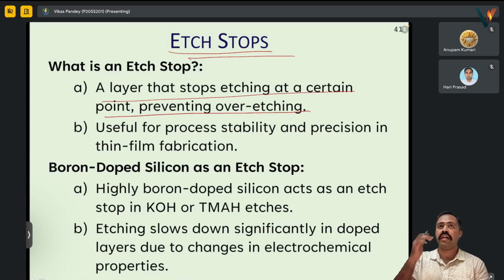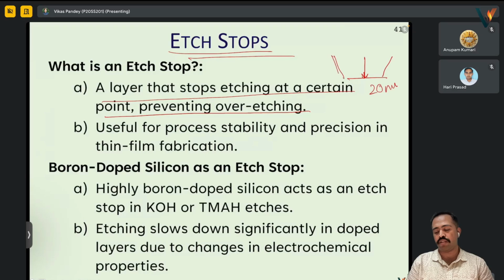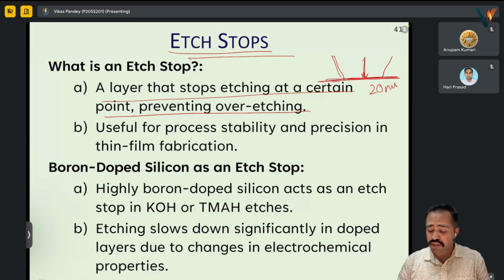Say we want the etching to continue in the vertical direction for say 20 nanometer, but in this direction it has to widen a lot. This hole has to widen. So we will put some material here during the deposition of the thin film itself, some film that will stop the etching.